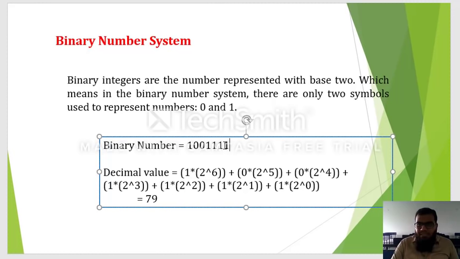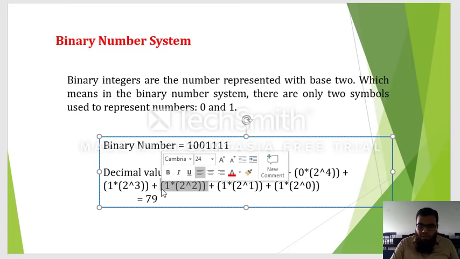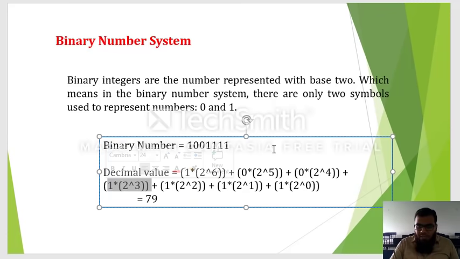Okay, so you can see from here I am writing 2 power 0 into 1, then 2 power 1 into 1, 2 square into 1, 2 power 3 into 1. Then the fourth place I have 0, so 2 power 4 into 0, 2 power 5 into 0. Again this place is 1, so 2 power 6 into 1.